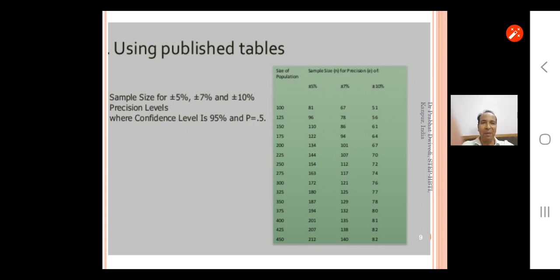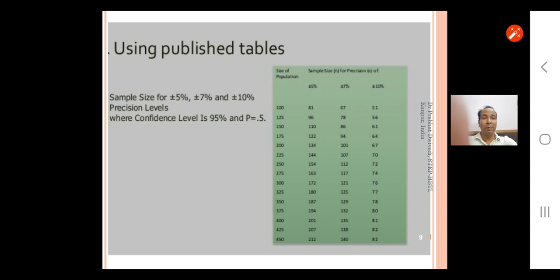These are the published tables. You can go through here. Percentage of population proportion is given, which I was talking about in earlier slides, and population size is given here. How much error we can permit? If we can permit 5% error, that means we want to achieve 95% precision. If we permit 7% error, that means we want to achieve 93% precision.